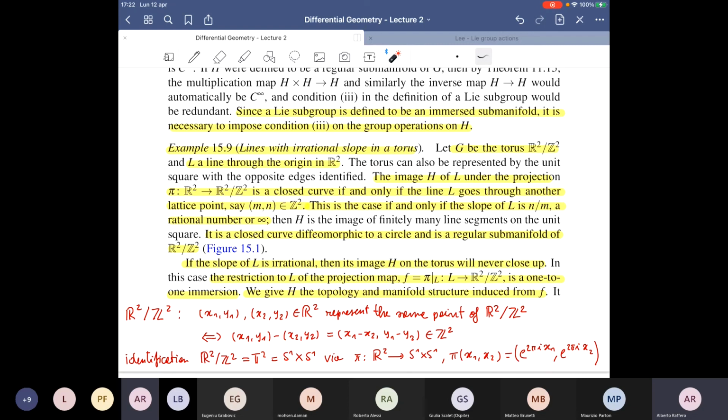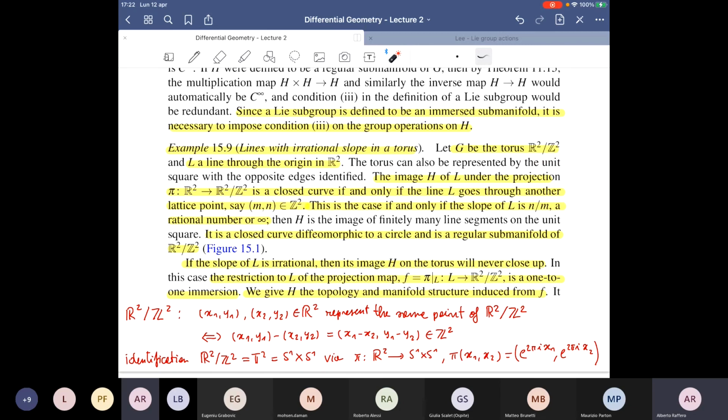Using some theory of groups, you can show that this is a group homomorphism whose kernel is precisely Z2, and so you get an isomorphism between S1 cross S1 and this space here. So you have these two equivalent ways of thinking about the two-torus.